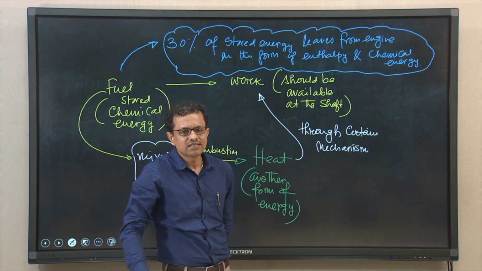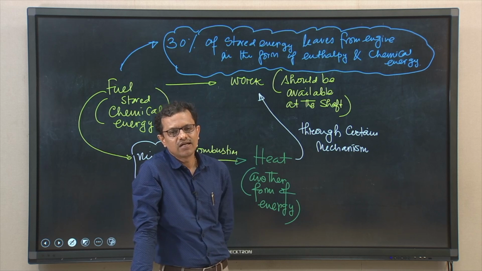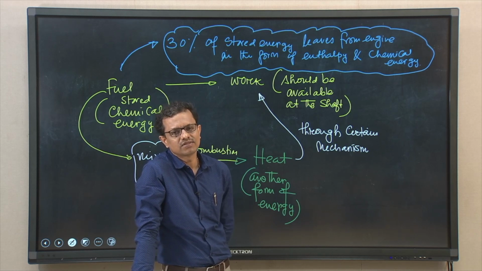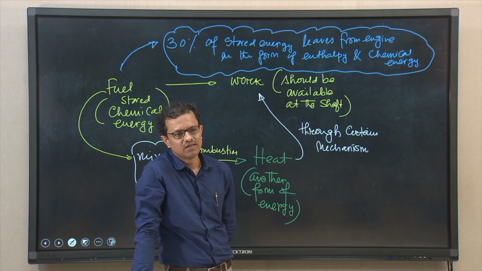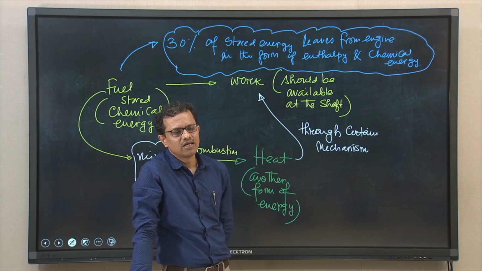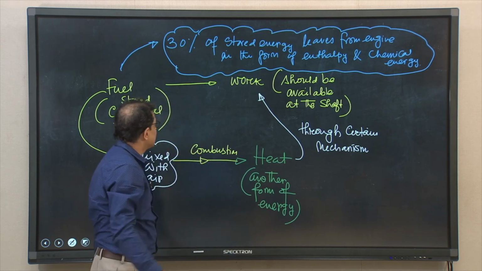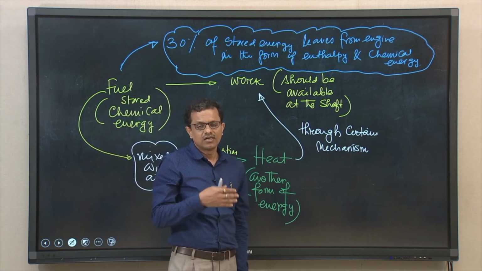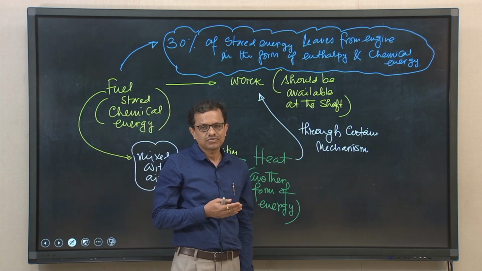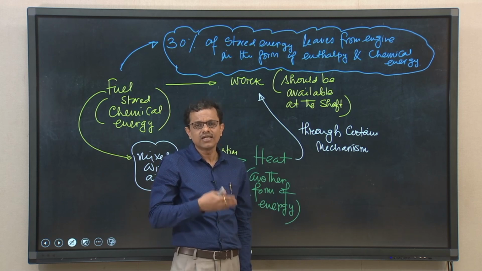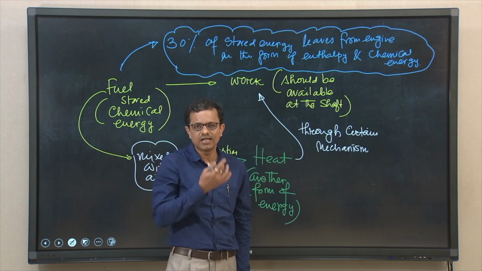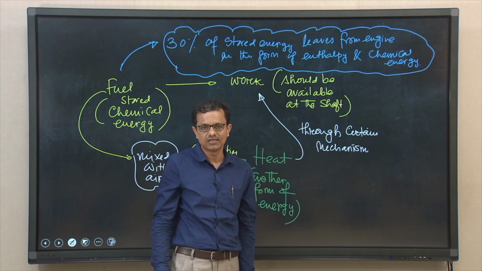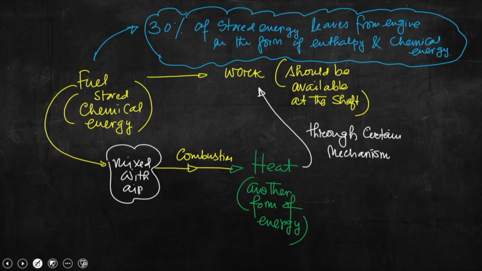That means this energy is not available, and if it is not available, then certainly efficiency would be less than 100%, there is no doubt about it. But is this 30% the only energy that will leave in the form of enthalpy and chemical energy from the engine? So, let us look into that part.